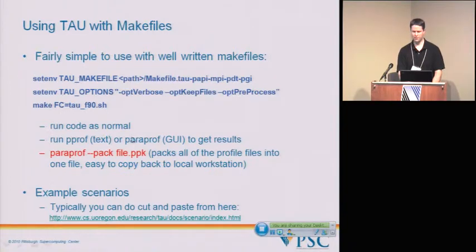So this command will pack up all those tau profile files into one single file that you can easily copy back to, say, your workstation. And then you can use paraprof, if you've installed it on your workstation or laptop, you can use this GUI tool to do the GUI stuff on your local machine.